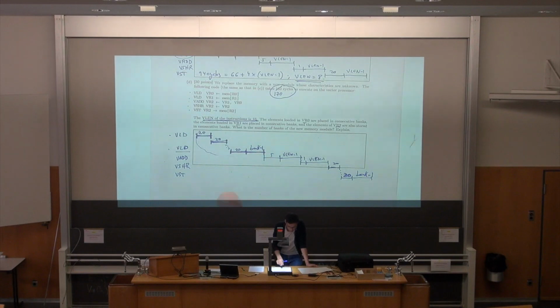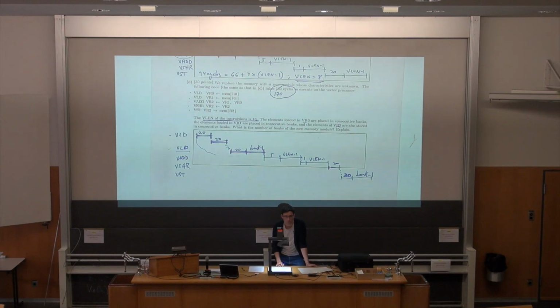But this doesn't change our timeline. The only thing that changes is the fact that we are going to wait. We will stop issuing requests, and then we will have to wait a few cycles until we get the first value from memory. But this doesn't really affect this timeline. Okay?